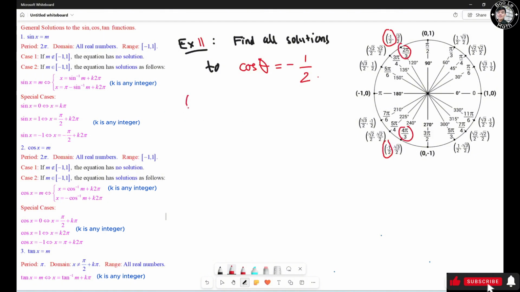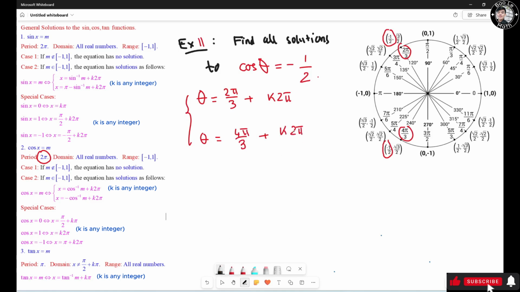So you have theta equals 2 pi over 3 plus k 2 pi, because the period of the cosine function is 2 pi, or theta equals 4 pi over 3 plus k 2 pi, right?